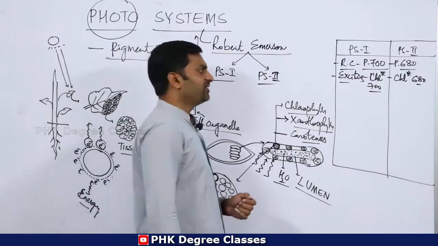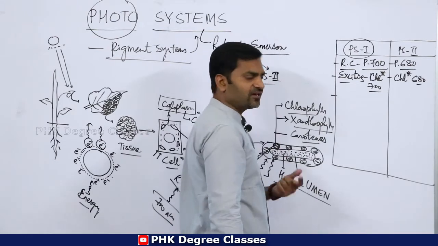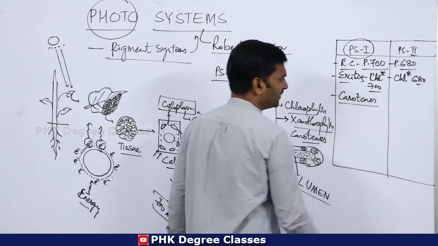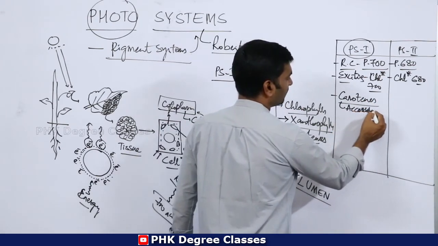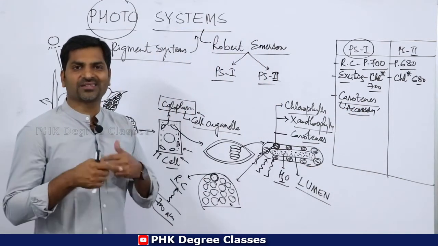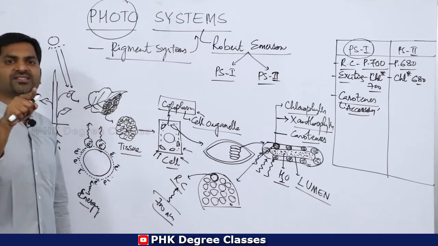Okay, simple. Then this PS1 has carotenes as accessory pigments. Remember, I have already told you in my previous classes. What are accessory pigments? Accessory is nothing but additional or protective or supportive pigments.